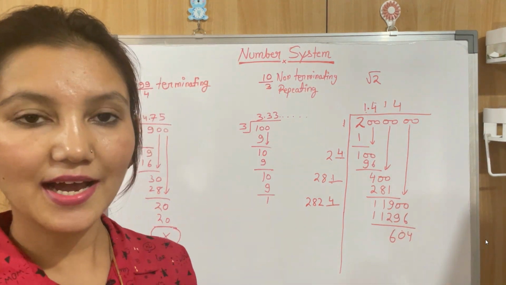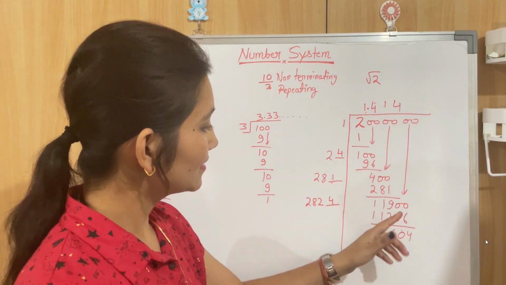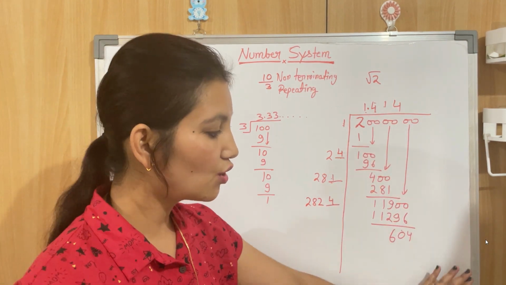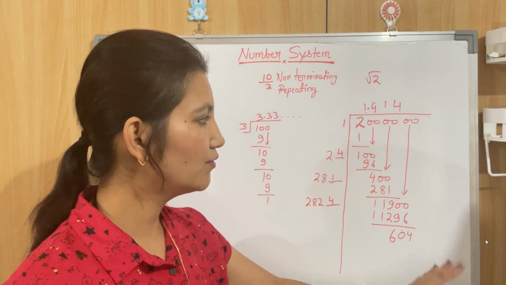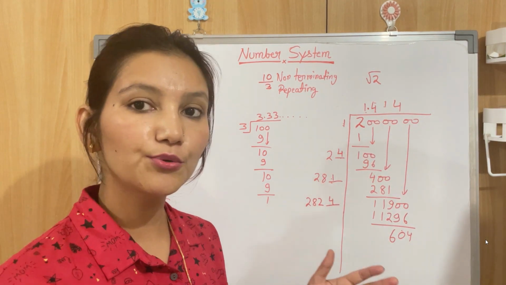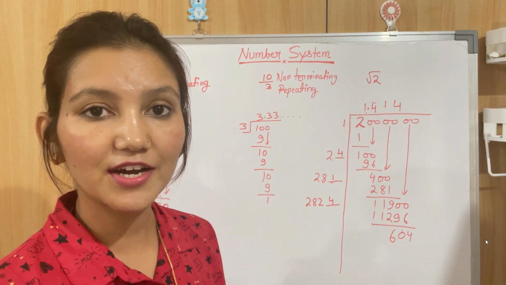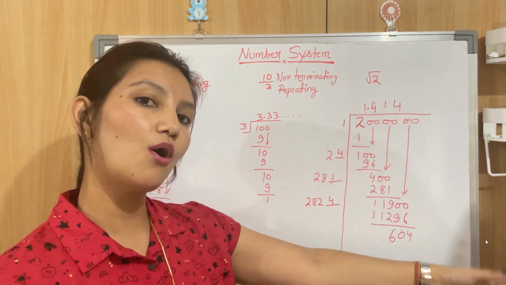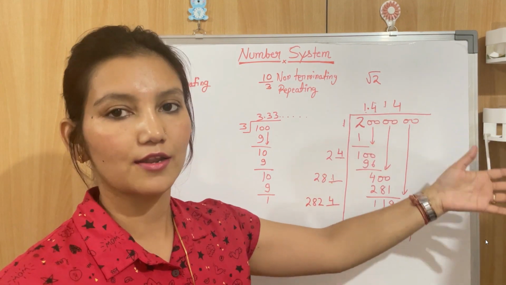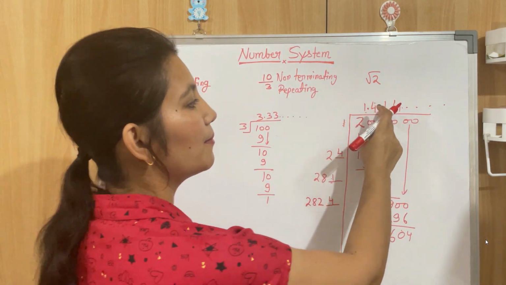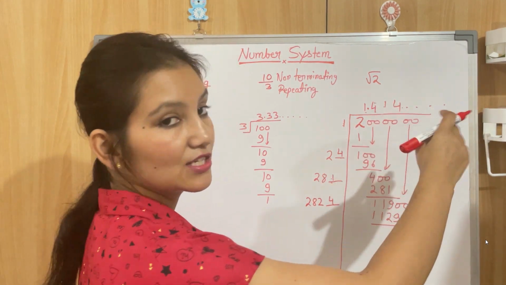Okay, basically the idea is that at this point also, this number has not terminated at any point, and if you continue doing this division, what you will find? You'll find that this decimal expansion keeps on going on, and no number, nothing gets repeated.